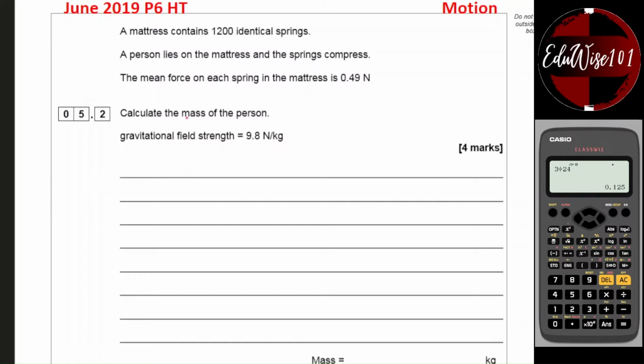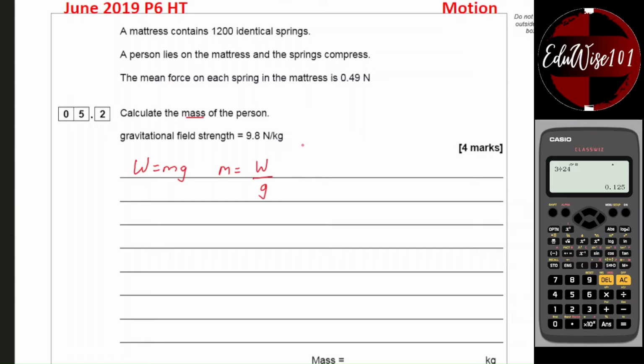So in trying to calculate the mass, remember the equation: weight equals mass multiplied by the gravity. So in order to find the mass of the person would be the weight divided by the gravitational field strength.